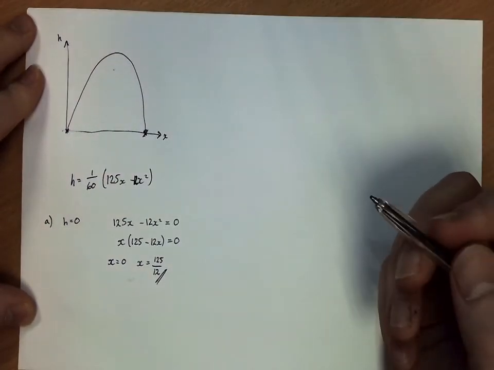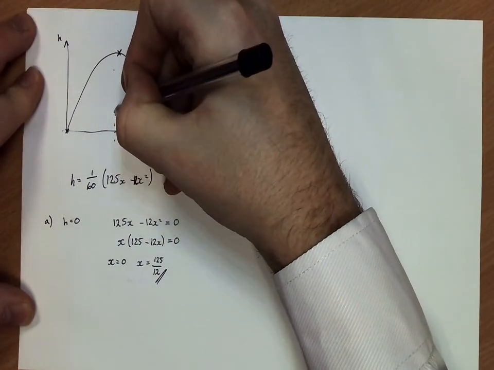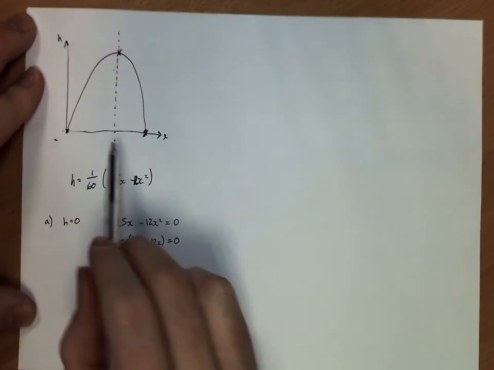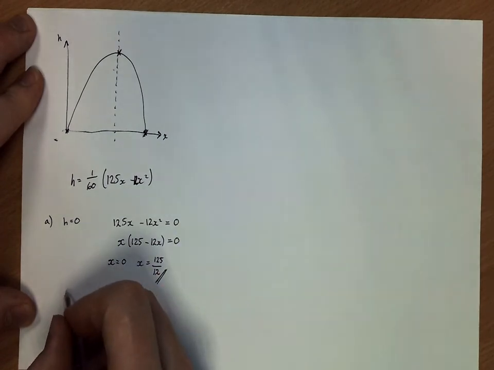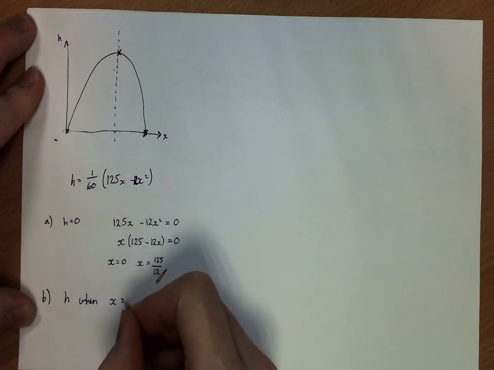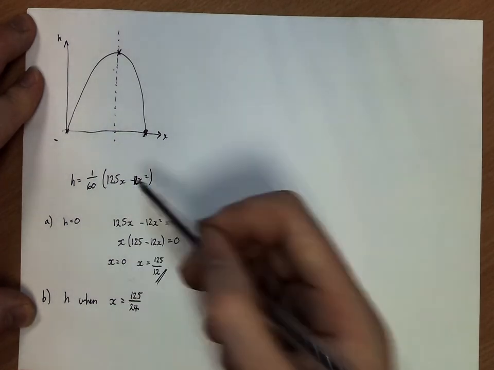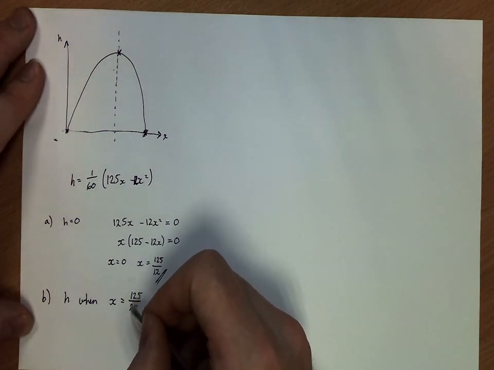In part B, they want the greatest height. They want this point here. And you are told that the quadratic is symmetrical, and you're told it is greatest height at half the distance. So what we're going to need to do is half this value here. So that means we want to know the height when x equals 125 over 24. So all we're going to need to do is substitute this value into here. It may be worth typing this into your calculator and pressing equals so it's saved as answer.